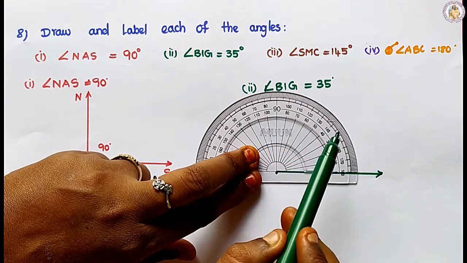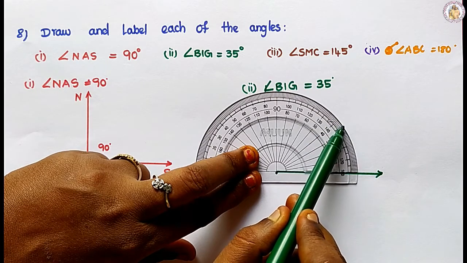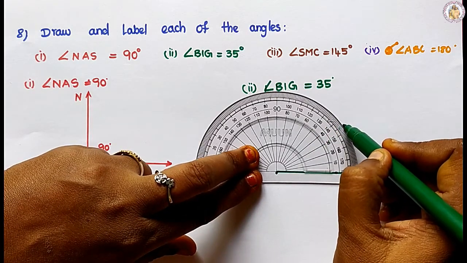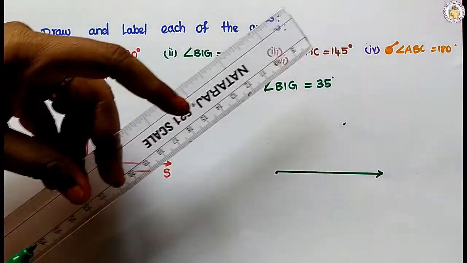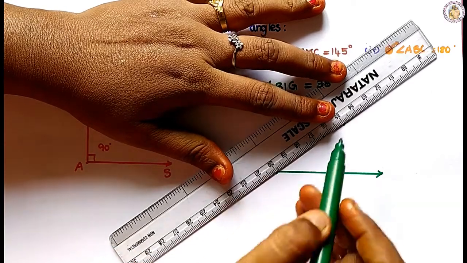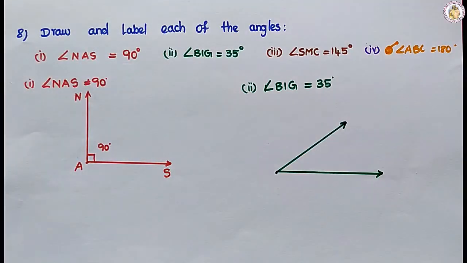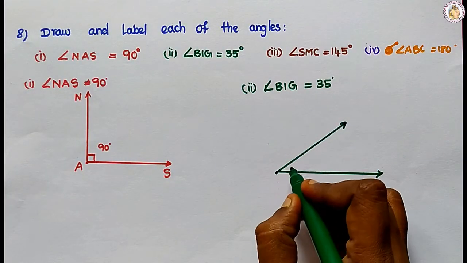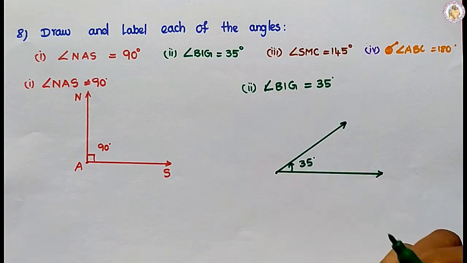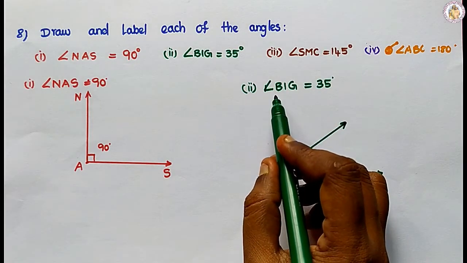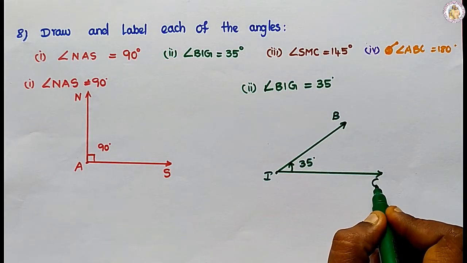Here 35 they have given. In between 30 and 40, that is the midpoint, that is the 35. Keep the point and join that. So that is 35 degrees. What is the name? BIG.